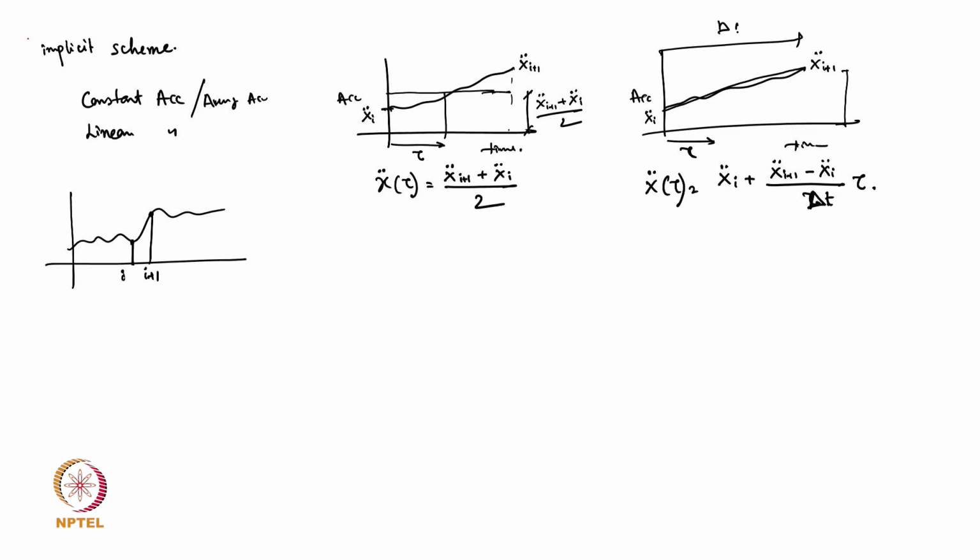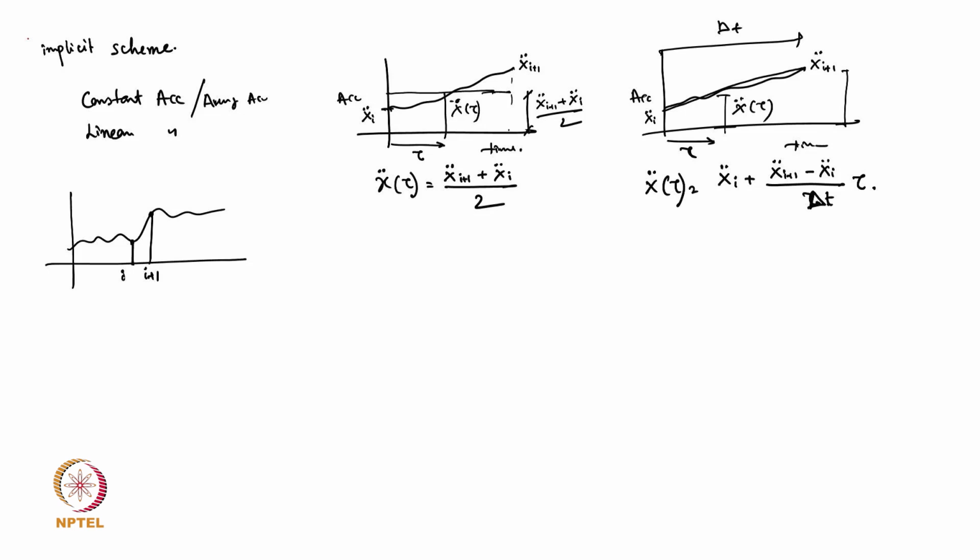This is delta t. Does it make sense, how much is the value here, that is your x double dot tau? Got that point? You may feel that you can get how it is varying. Can we really get it, or do we have to assume something?